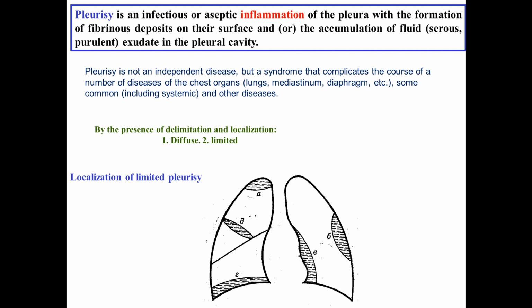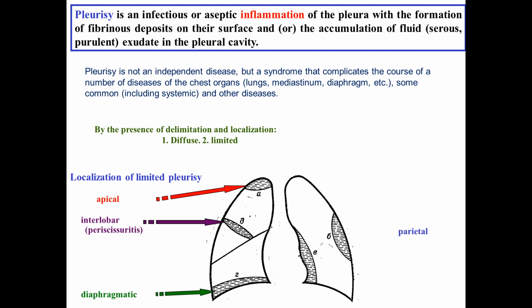By the presence of delimitation and localization, we recognize diffuse and limited pleurisy, and by location also diffuse and limited. We have these types: apical, interlobar, or paracostal, or diaphragmatic, or parietal, or costal, or mediastinal, and also diffuse, which mostly occurs as a primary process.